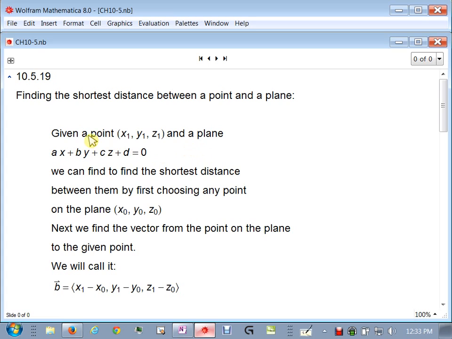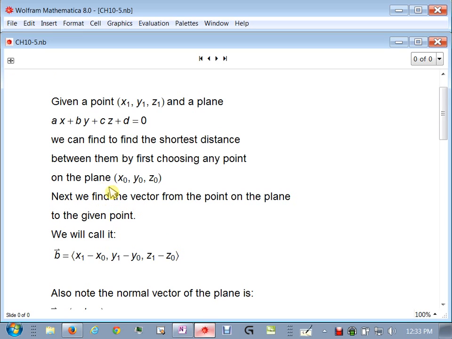So given a point, someone has to give you a point, we're going to call it x1, y1, z1, and they give you some plane, so it has a plane equation, ax plus by plus cz plus d is 0. We can find the shortest distance between them by first choosing a point on the plane. Let's act like we didn't have a visual for this. All you have to do is take a point on the plane. Let's say the projector is a point, we got a plane here. Take a point here.